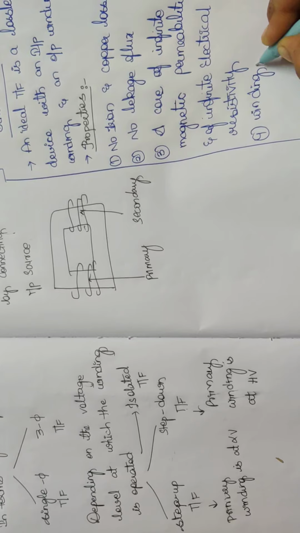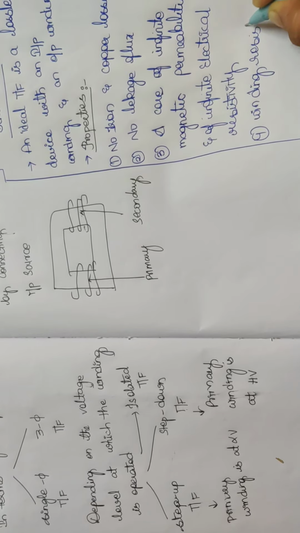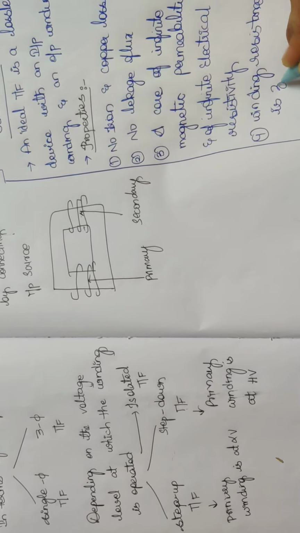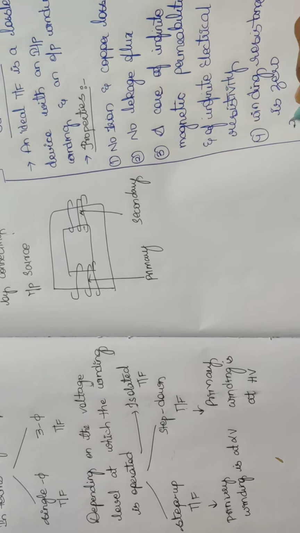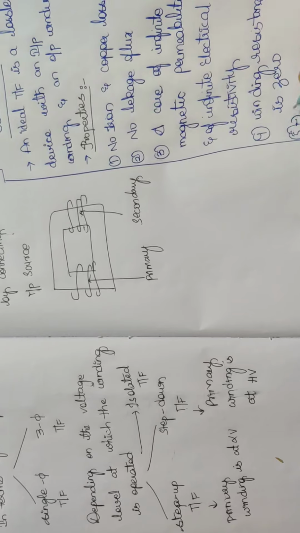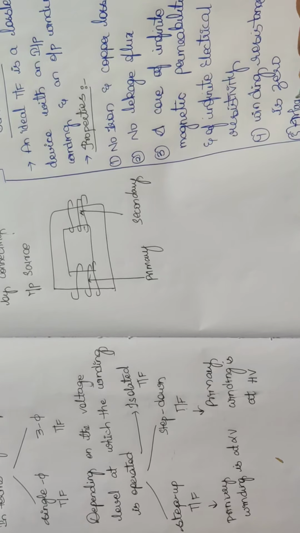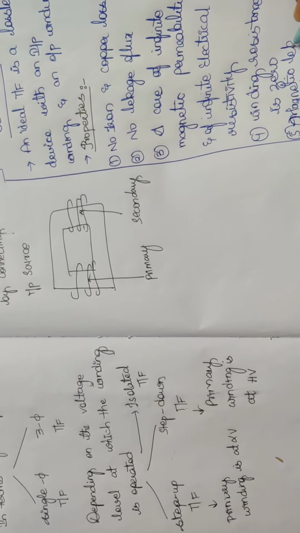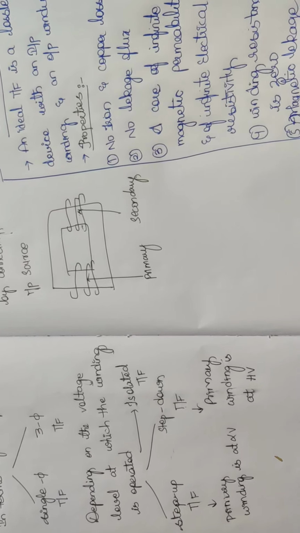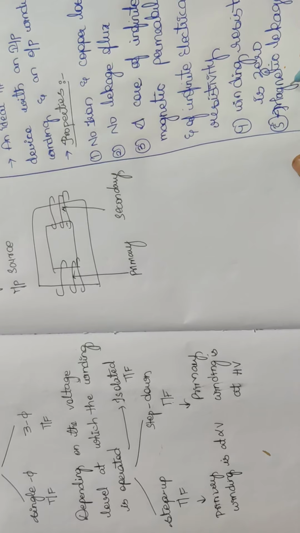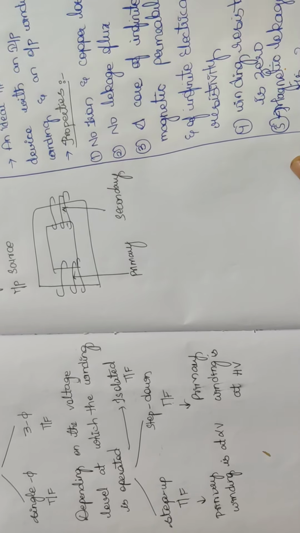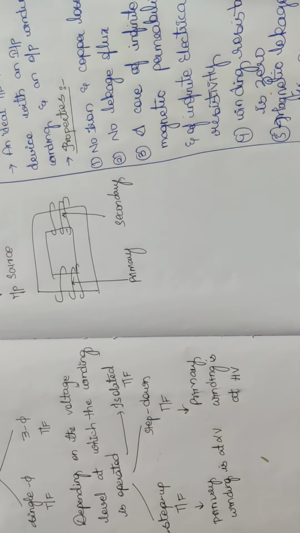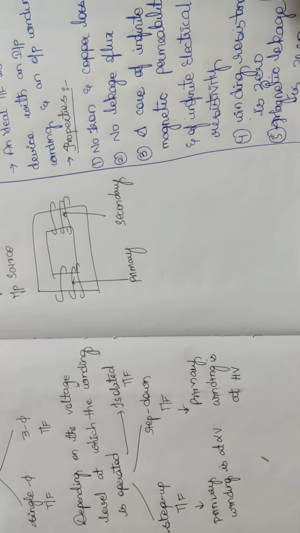You will have the windings, no? So that resistance is 0. And the fifth point is the magnetic leakage flux, which I said is also 0. These are the 5 properties of the ideal transformer.